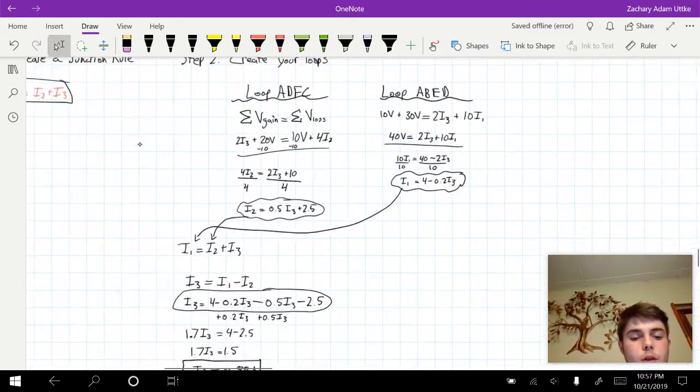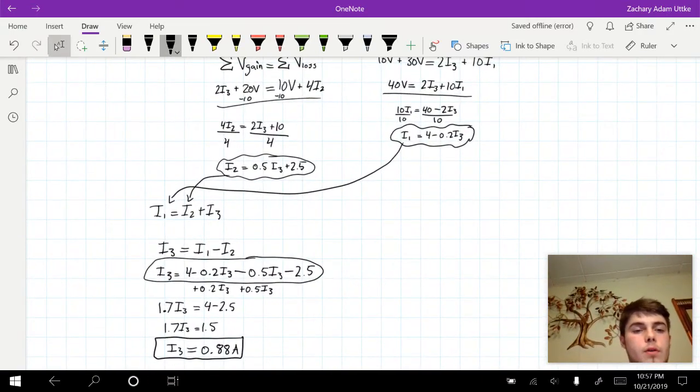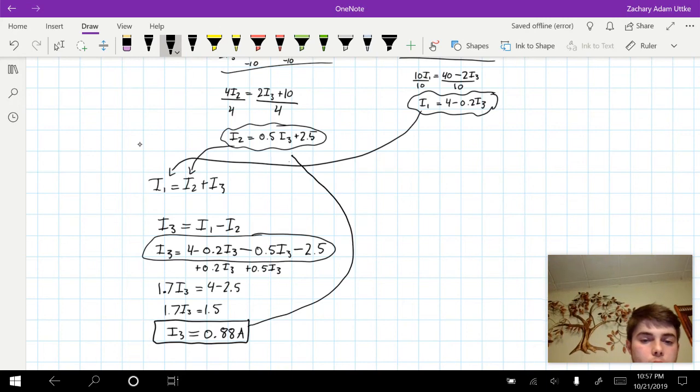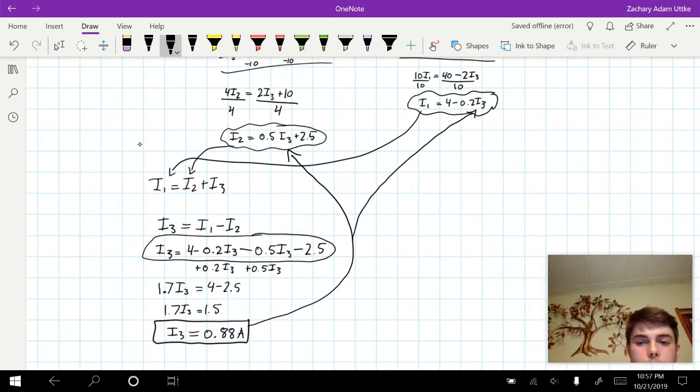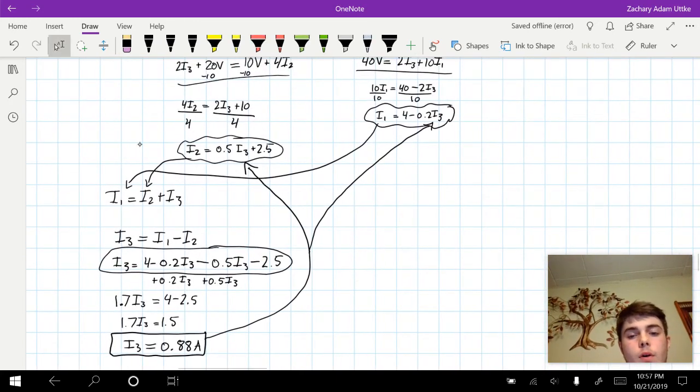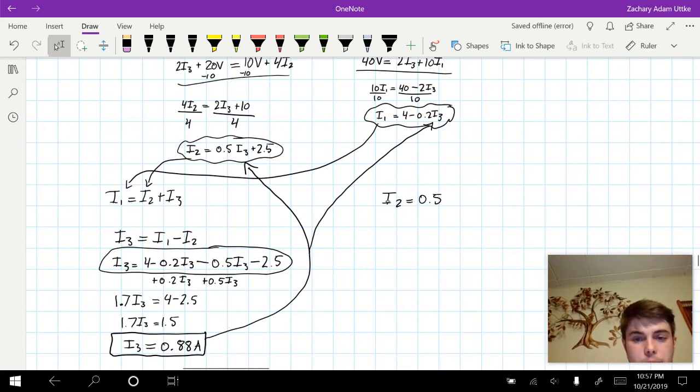So let's continue to solve for I1 and I2. And it's pretty straightforward now that we have I3. We can go back to our equations and plug in the value of I3. So for our equation of I2, which equals 0.5 times I3, so 0.5 times 0.88 plus 2.5, this will give us I2.